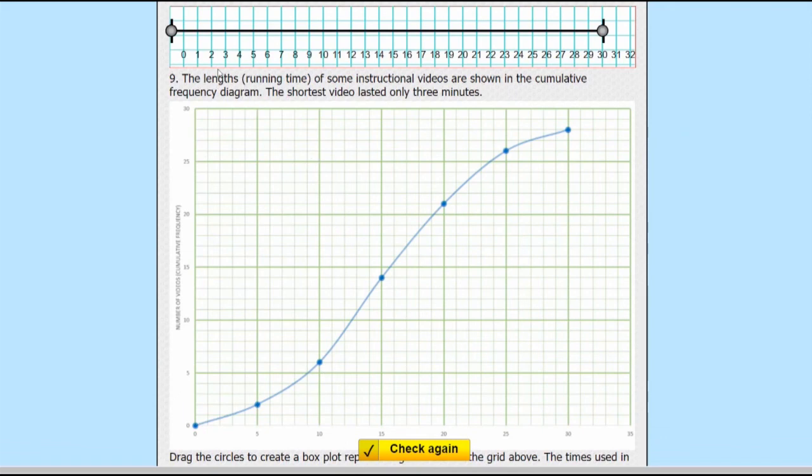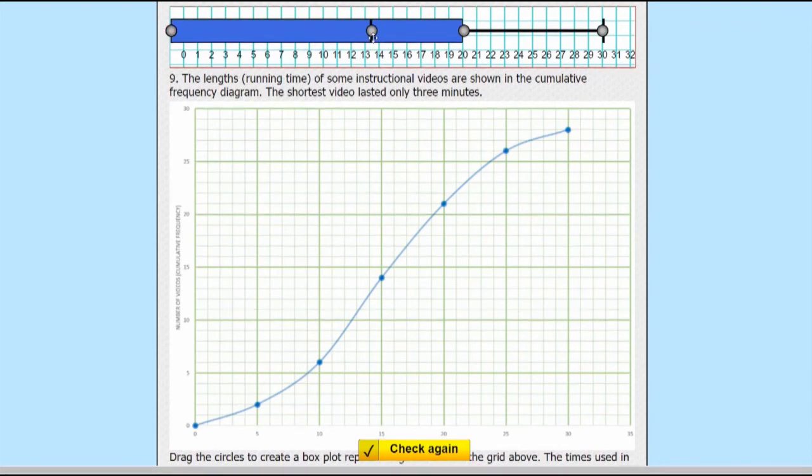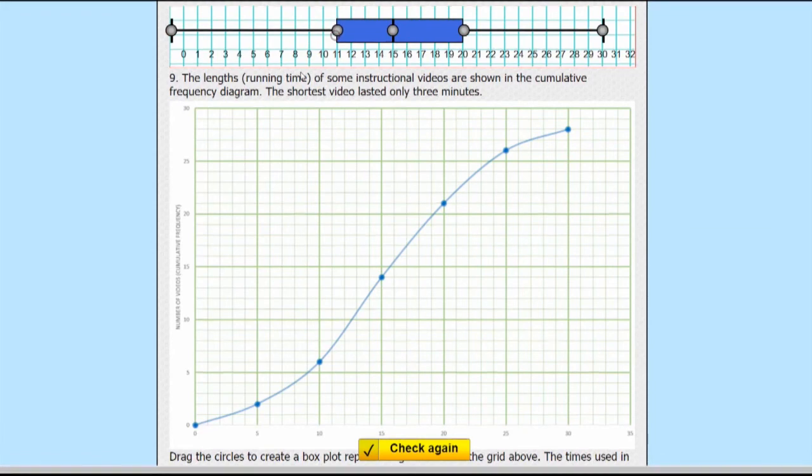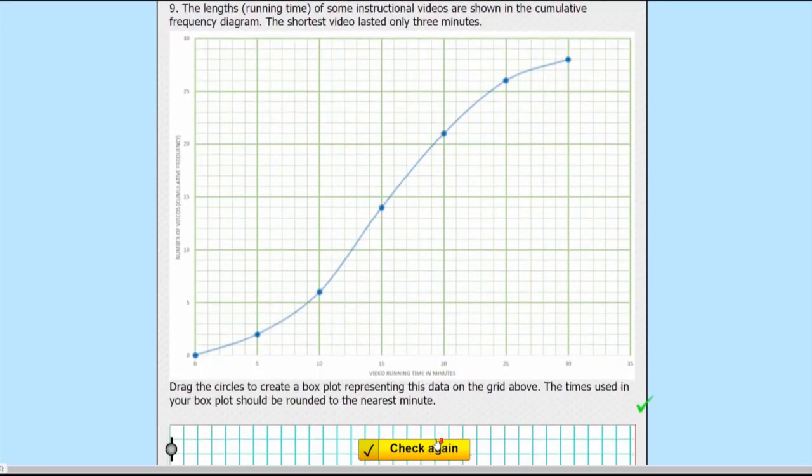So looking at the graph, I think we have got 30 as the maximum, 20 as the upper quartile, 15 as the median, 11 as the lower quartile, and we're told in the question that the minimum was 3. Let's see if that's right. Yes, it is.